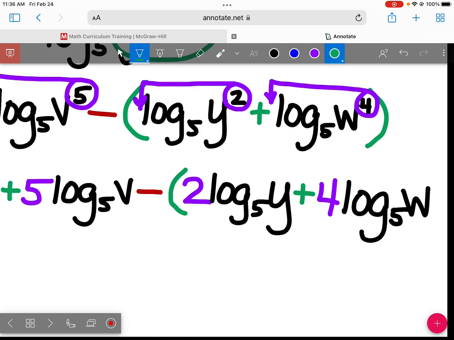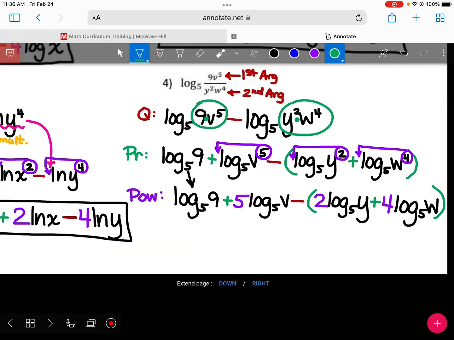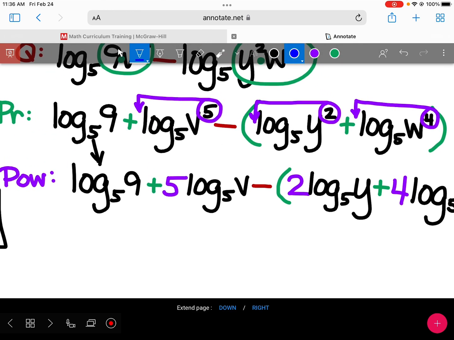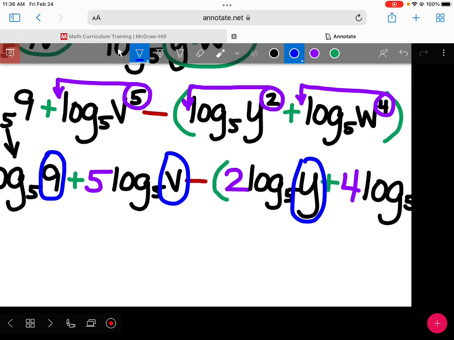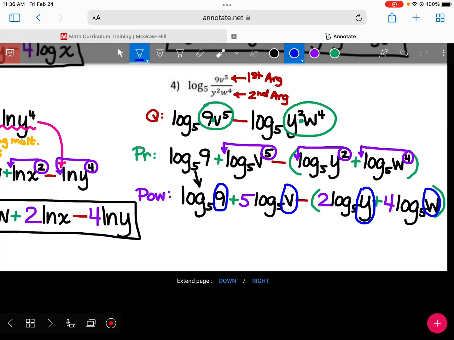Close your parentheses. How many logs are there total? 4. I'm going to go through and look at all of their arguments. So here's an argument, here's an argument, here's an argument, and over here's an argument. This is how I know when I'm done. Do any of those arguments have division in them? Nope.